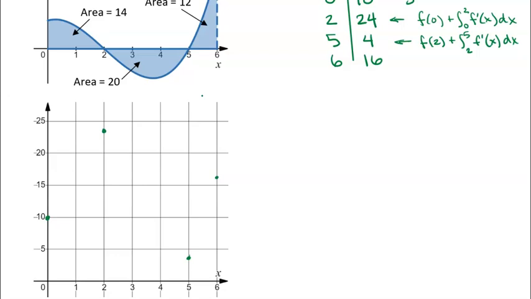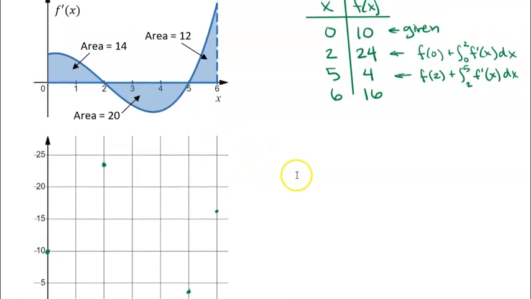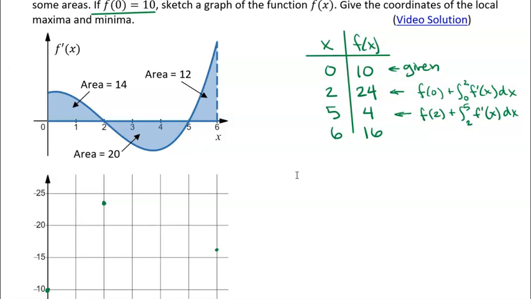Now, before I go and just connect them up with some straight lines, I can also tell something about the concavity of the function from this graph. All right. So let's go back up a little bit and look at this. Now I'm interested in the concavity of my antiderivative.